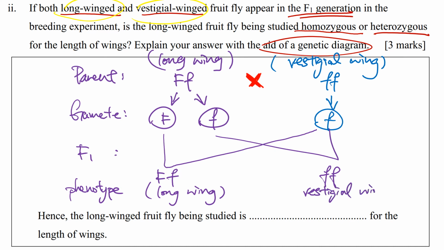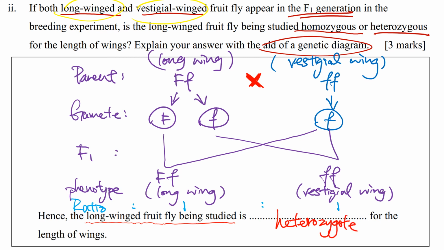And the ratio is, very importantly, 1 to 1. You have two types of offspring coming out, and they are in a ratio of 1 to 1. Therefore, at the end, the long-winged fly being studied is a heterozygote for the length of the wings.